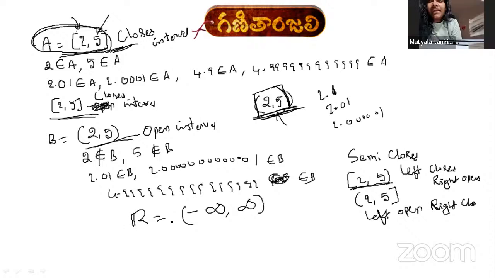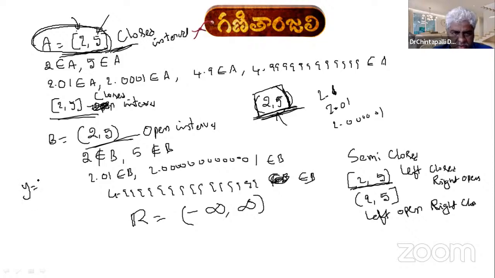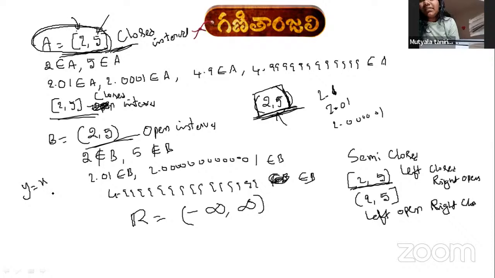So in the graph y equals x, will it not be negative infinity to positive infinity? Yes, sir. Yes, you are right.